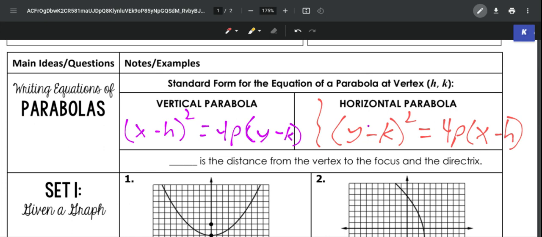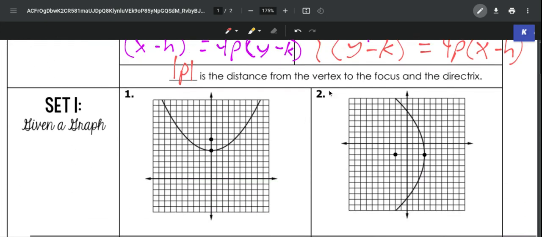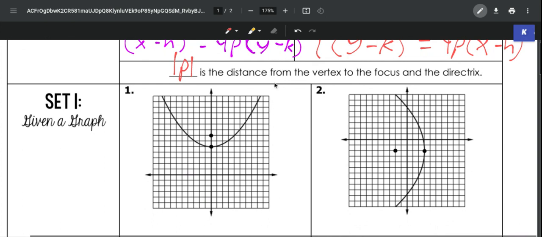So those are the two equations that we'll need. And then just remember that the way they give it to us is the absolute value of p is the distance from the vertex to the focus and the directrix. But basically just remember that p is the distance from the vertex, and then in the opposite direction from the vertex to the directrix, that is also p, or you go in the opposite direction to find the directrix.